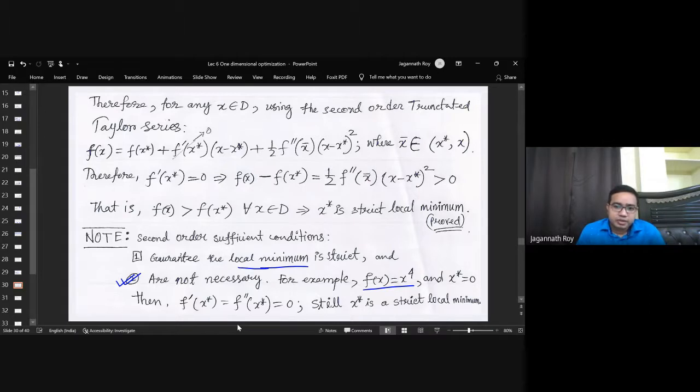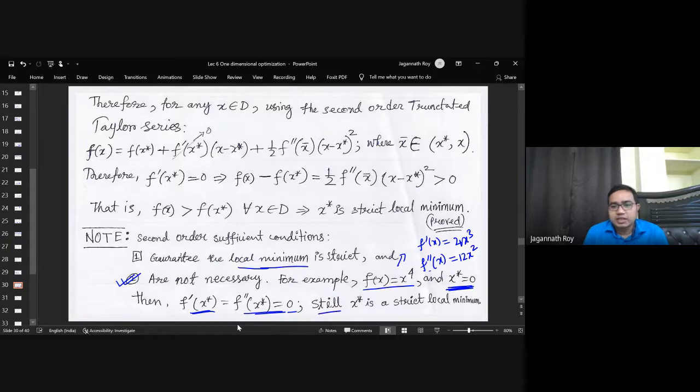f of x equals x to the power 4, then you will have f dash x equals 4x cubed. F double dash x, you will have 12x squared. But if you take x star equals 0, then f dash x star and f double dash x star are both actually 0.